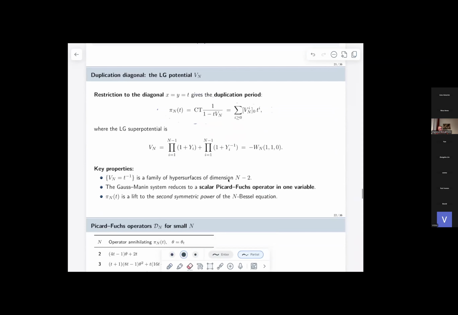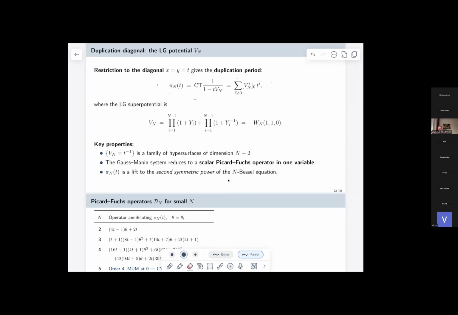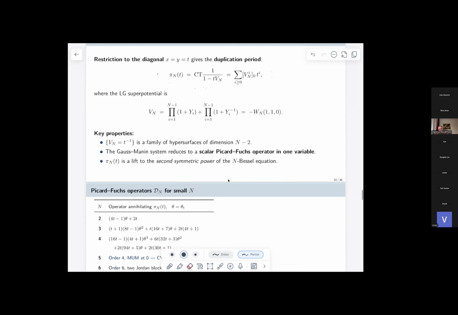Then my polynomial is a special case of the polynomial Wn, which appeared in the first formula, you remember, and exponential integrals relate to this Vn for the diagonal as well. So we have some family of hypersurfaces, the dimension of this family is n-2, and the Gauss-Manin system gives you a Picard-Fuchs operator in one variable.